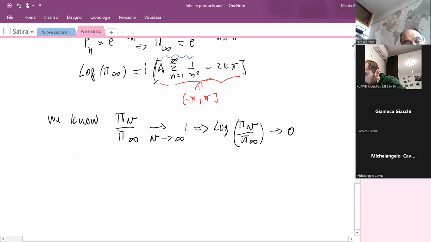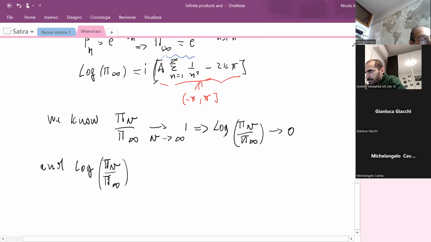That's true, because logarithm is a continuous function in a neighborhood of 1. And when I consider the logarithm of p_n over p_infinity. I guess it's a Greek pi. Okay.